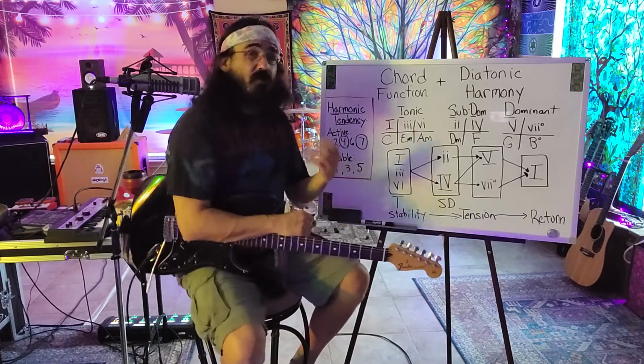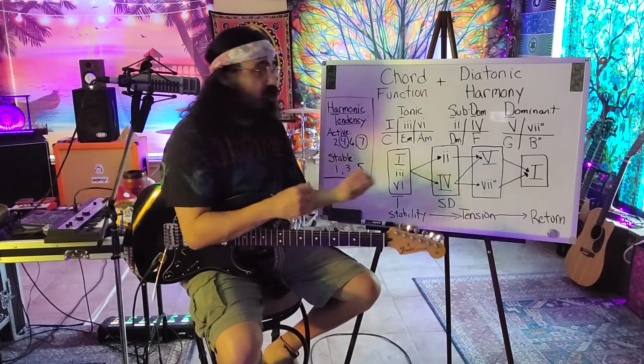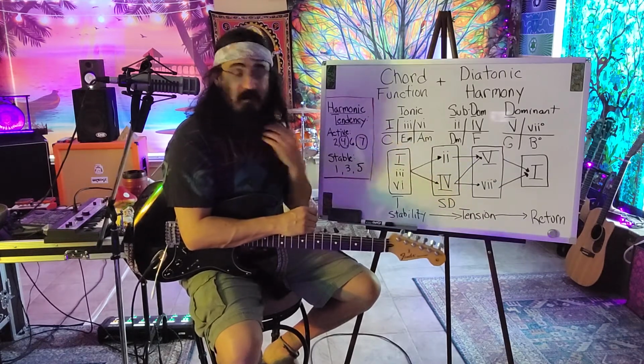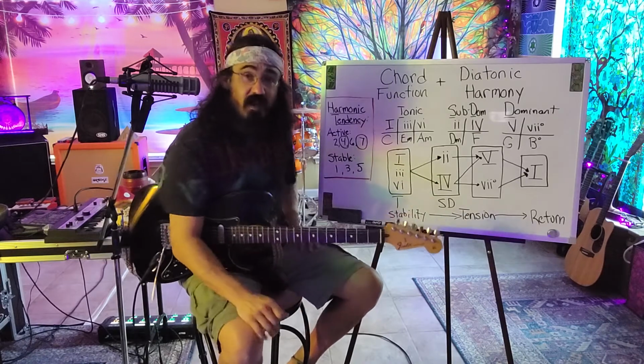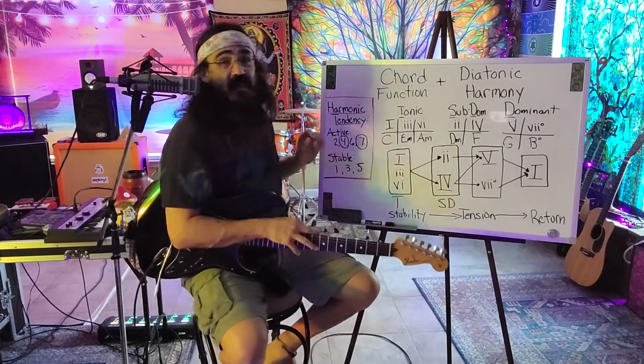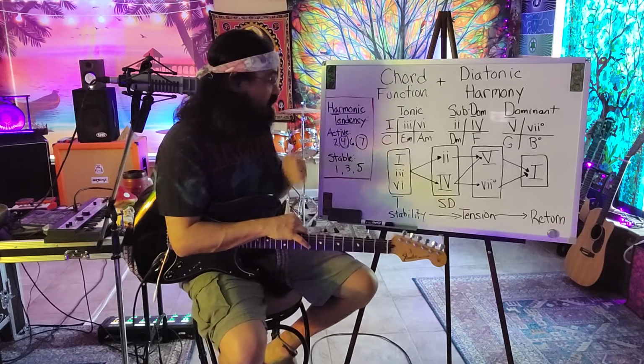So the reason why this movement works, and how you can create that stability and tension in chords, is the nature of the chords themselves and the types of tones or scale degrees that they consist of.